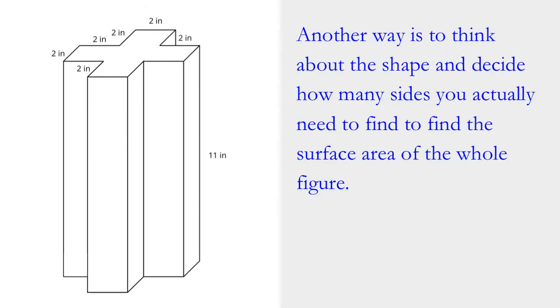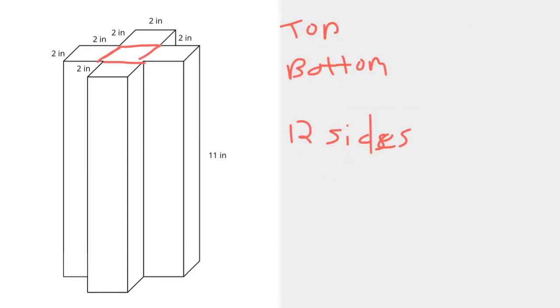Another way is to think about the shape and decide how many sides you actually need to find the surface area of the whole figure. So when I really look at this shape, I really only need to know the top, the bottom, and then the 12 sides. And I say the 12 sides because all 12 sides are exactly the same. So if I'm looking at the top and I break it up into squares, again, each of these squares is going to be 4.